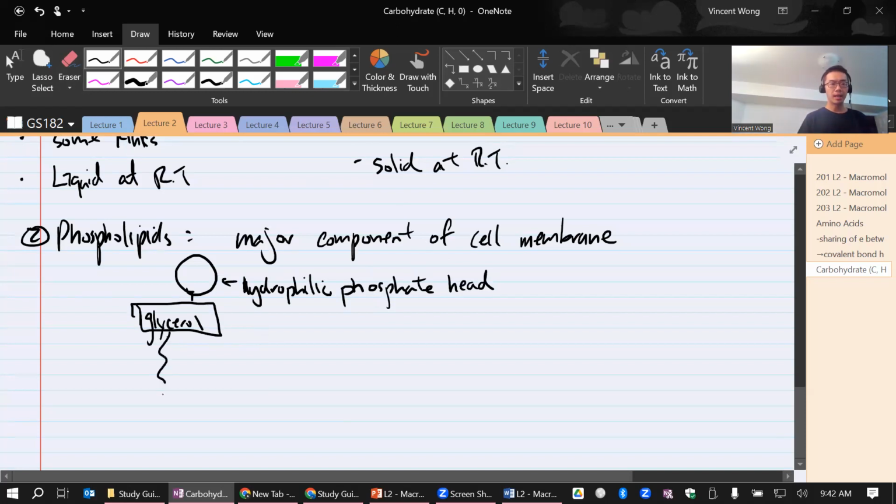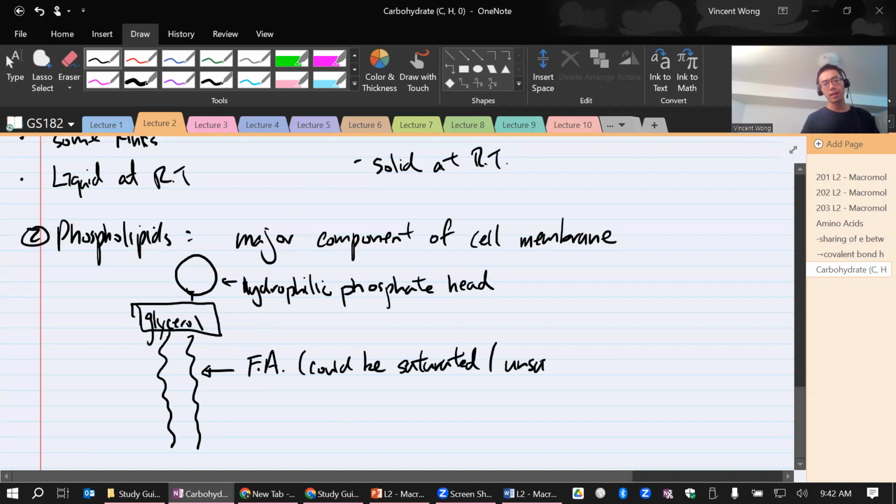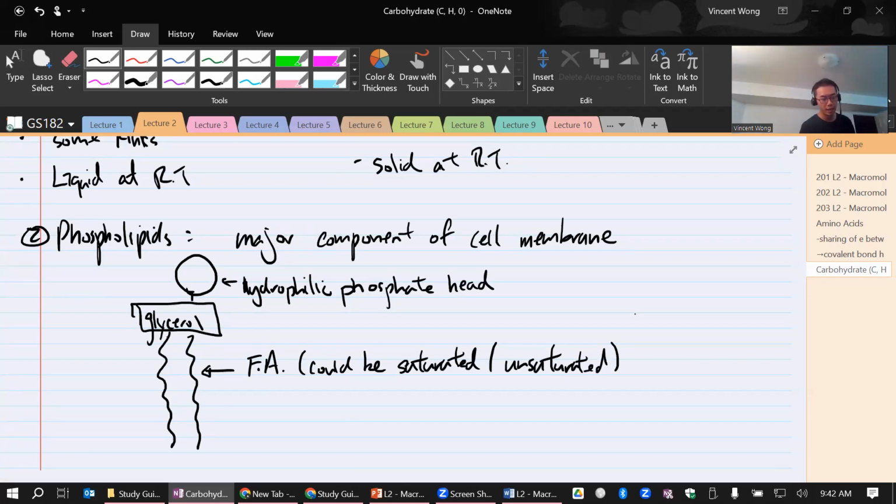And then we have the tail, right? Fatty acids. Could be saturated or unsaturated. It doesn't really matter. That's all we've learned for phospholipids. I had a few pictures that show you how they are arranged in the cell membrane, but you don't really have to know that.